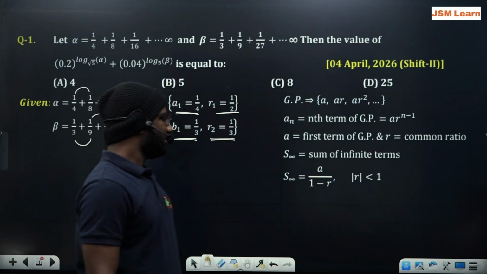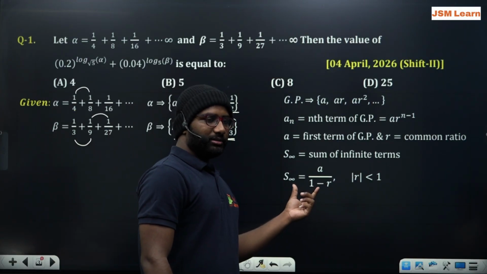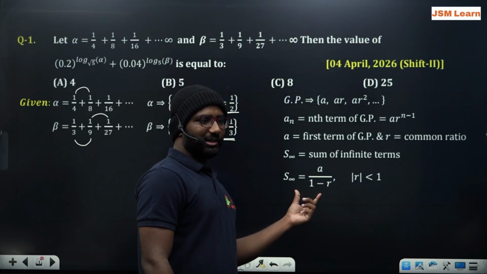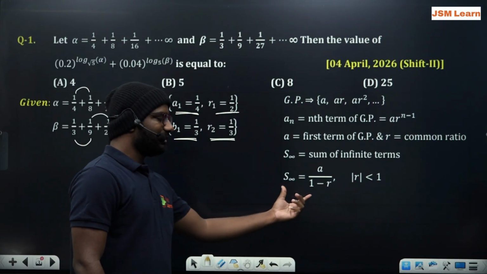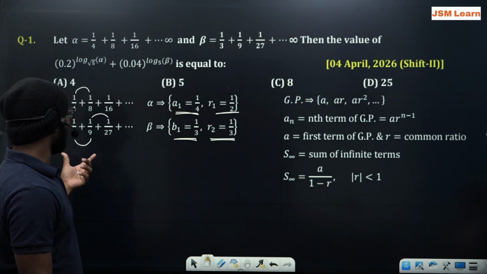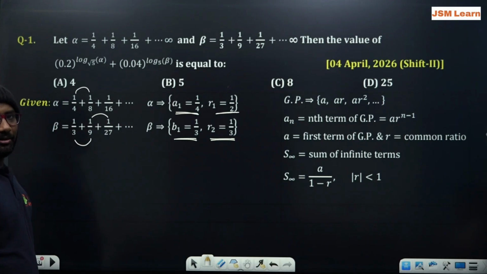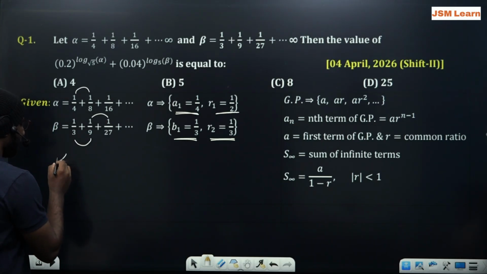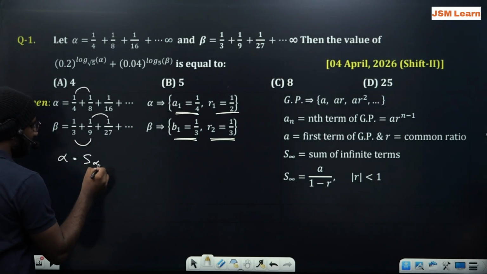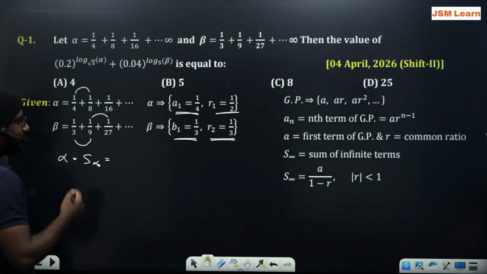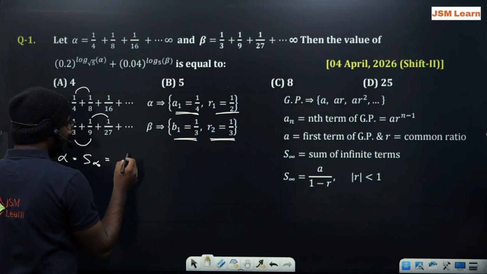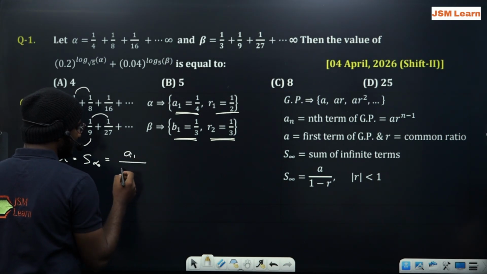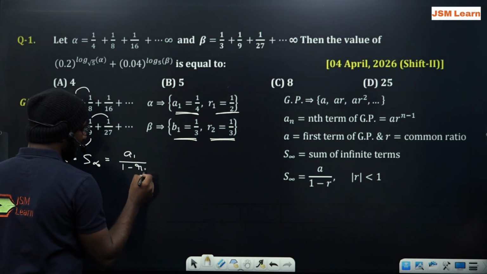We know that the sum of terms of an infinite GP is equals to A by 1 minus R. By using this formula, we are going to find the alpha value and beta value. Alpha is the sum of infinite terms of this GP, A1 by 1 minus R1.